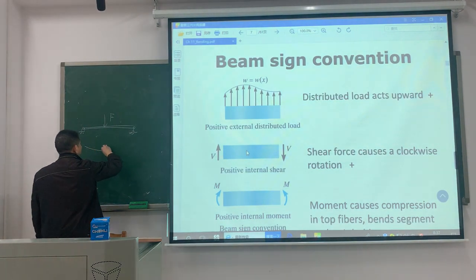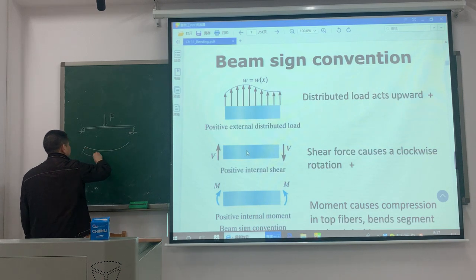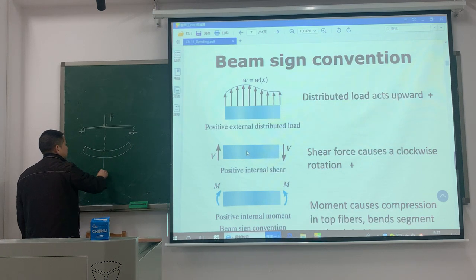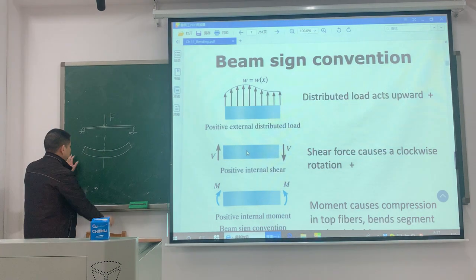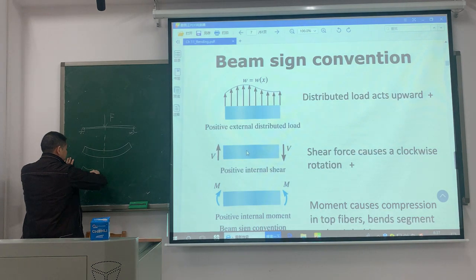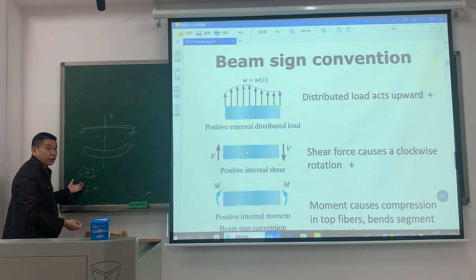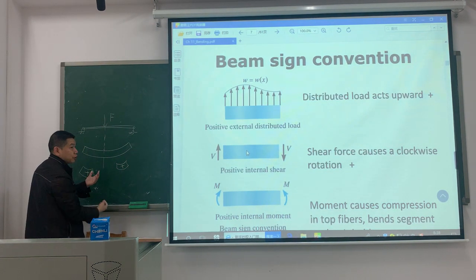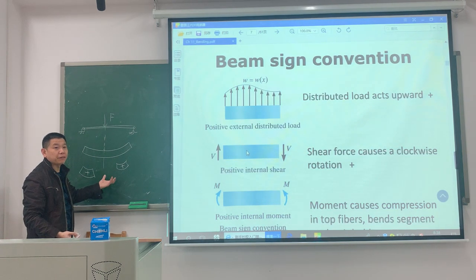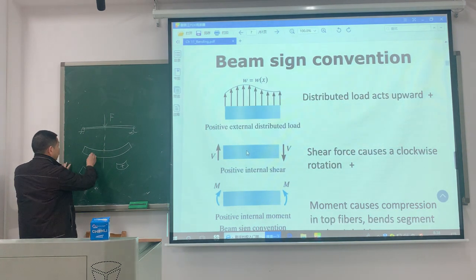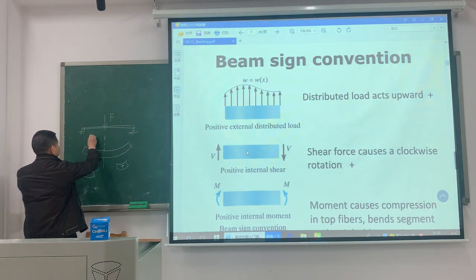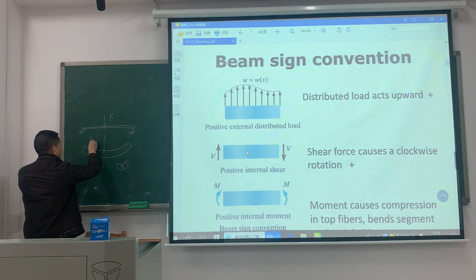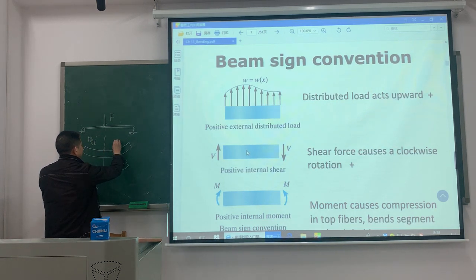It will deform like this. For the bottom, it's bent like this, so it's positive. It's also bent like this. We call it positive bending moment. But for shear deformation, it's like this. We call it positive. For this segment, it's like this.